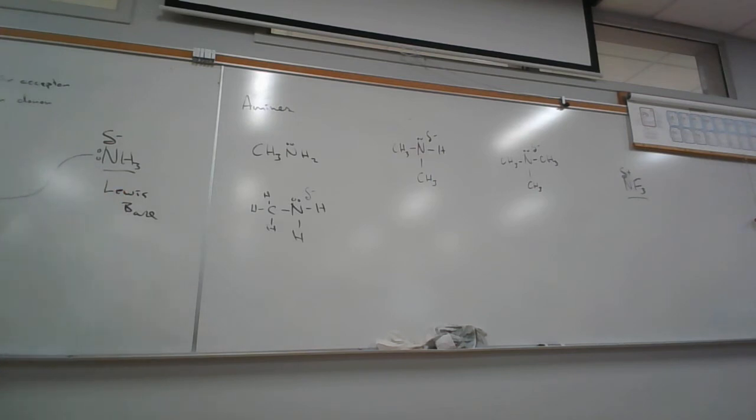If you do it from the formula, you assign hydrogen first at +1. So we have 3 hydrogens at +1, that's +3. +3 plus what gives us 0? It's net charge. -3, yeah. And so this nitrogen is -3.